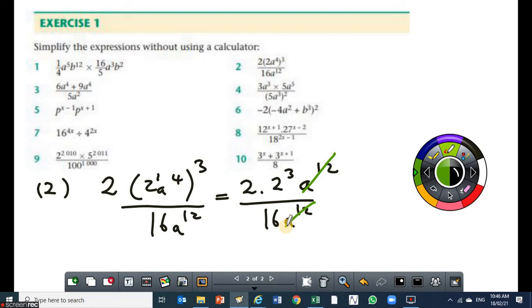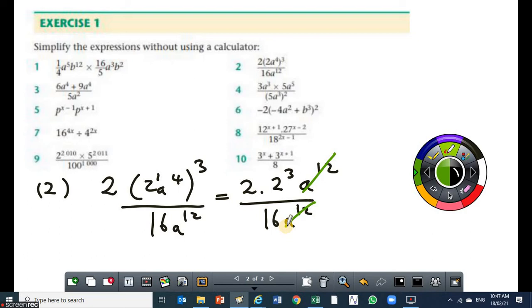Now for that case here, there is no addition or subtraction, so you can straight away cancel out this a to the power of 12 and that a to the power of 12 using law 2. Remember, if bases are being divided, you subtract the exponents. Remember that. Here, never ever cancel out, like in this case, the a to the power of 12 and the a to the power of 12, as long as there's addition or subtraction. Later on, I'm going to do an example where you have to factorize first.